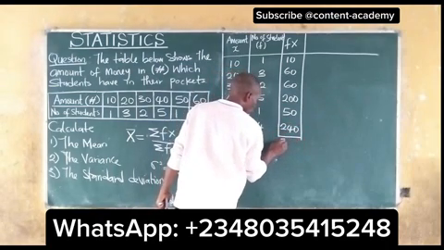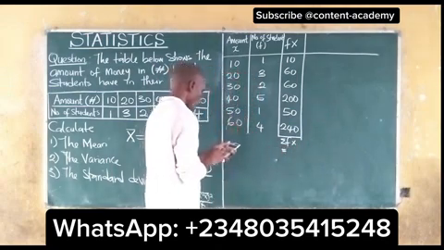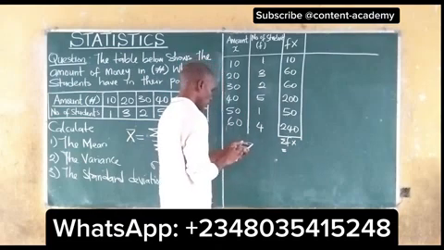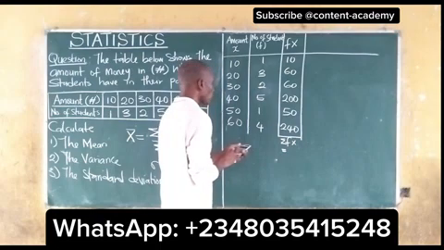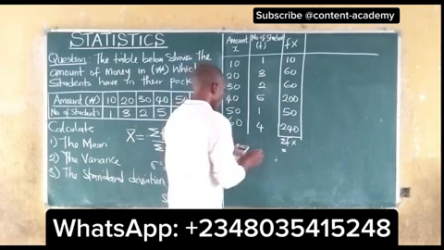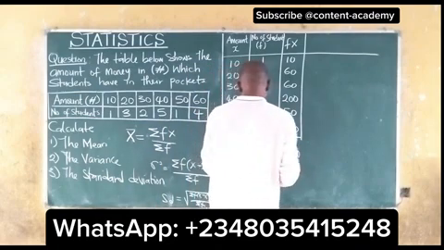So summation of f of x will be 10 plus 60 plus 60 plus 200 plus 50 plus 240, which is 620. That is what we'll get.